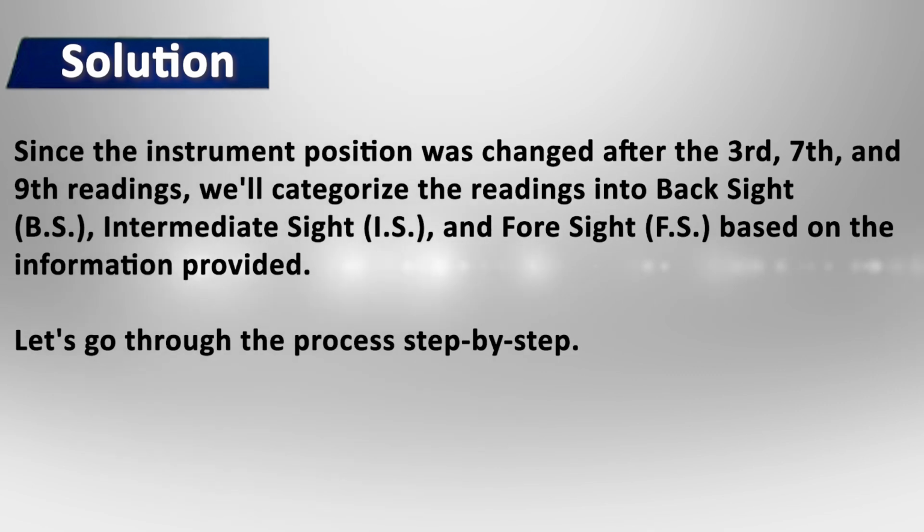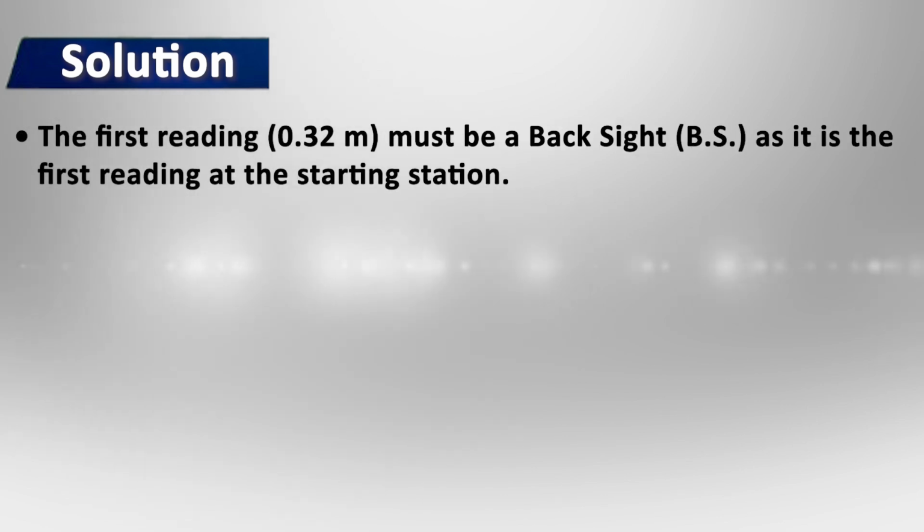So, let us start. Since the instrument position was changed after the 3rd, 7th and 9th readings, we will categorize all these readings into backsight, intermediate sight and foresight based on the information provided. Let us go through the process step by step. The first reading, that is 0.32 meter, must be a backsight reading as it is the first reading at the starting station.